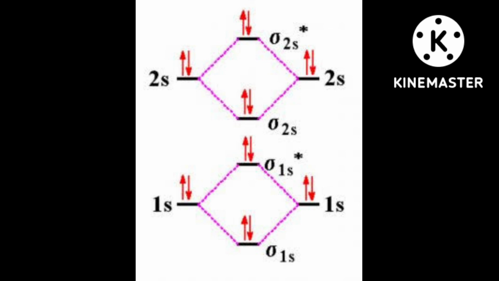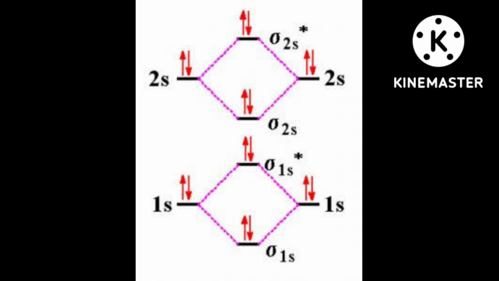sigma anti-bonding 2pz. Okay, that I have told you, but this order is not correct for the remaining molecules like Li2, Be2, B2, C2, N2.